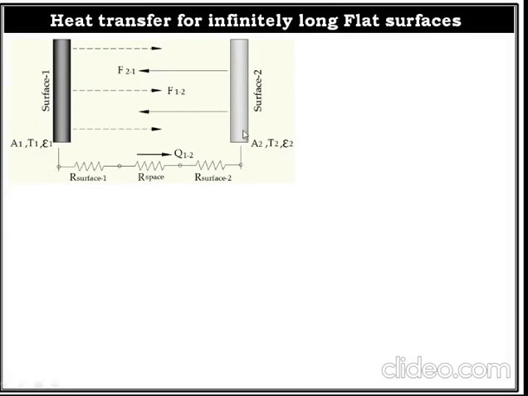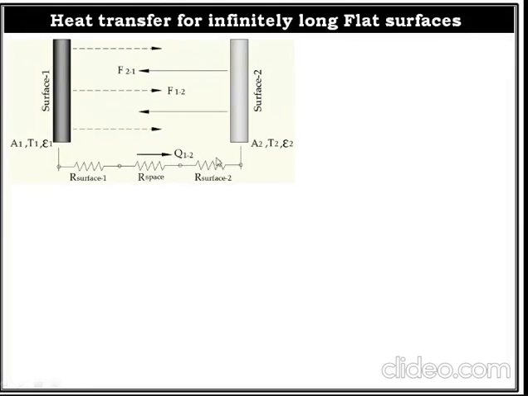Now if I try to draw the electrical analogy, surface 1 has its own surface resistance, R surface 1. Surface 2 has its own surface resistance, R surface 2. And in between these two plates there is a space resistance, R space. And we are talking only about heat transfer from 1 to 2.